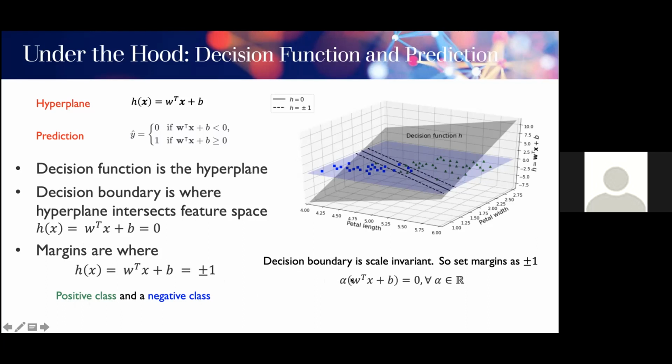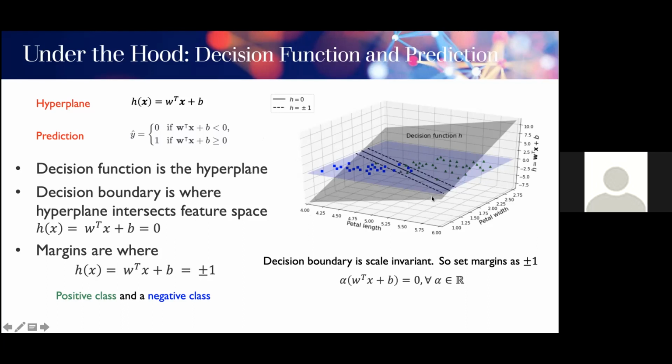One thing I do want to mention, I hope this doesn't throw people off. The decision boundary, or the hyperplane, is scale invariant, as in if I already have an h of x, and I multiply the h of x by alpha, your decision boundary doesn't change. What that means is I am pivoting my hyperplane above the decision function and turning it.